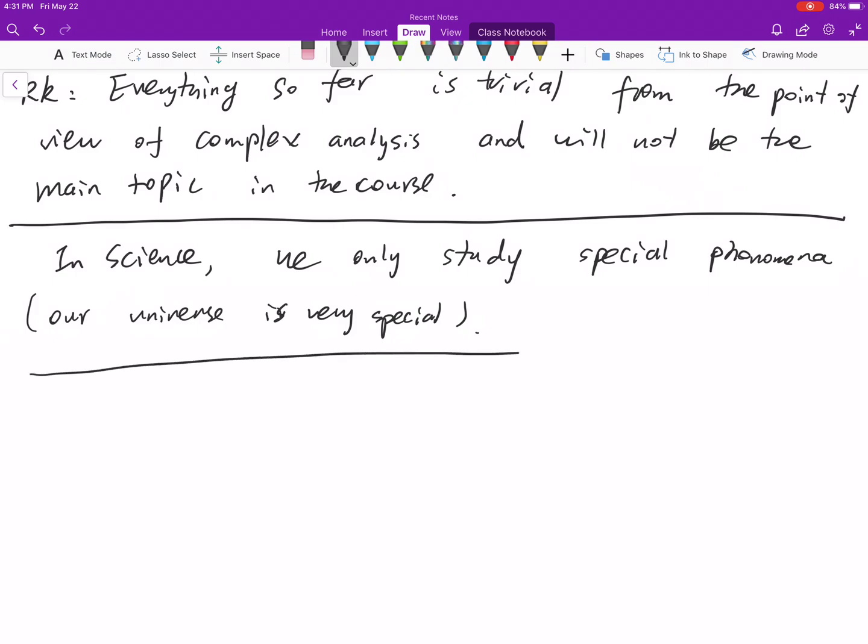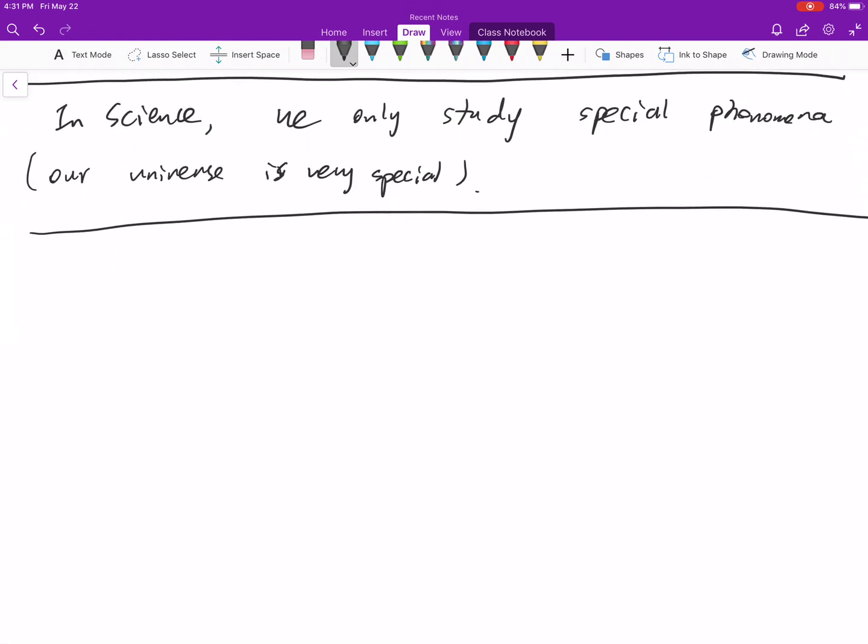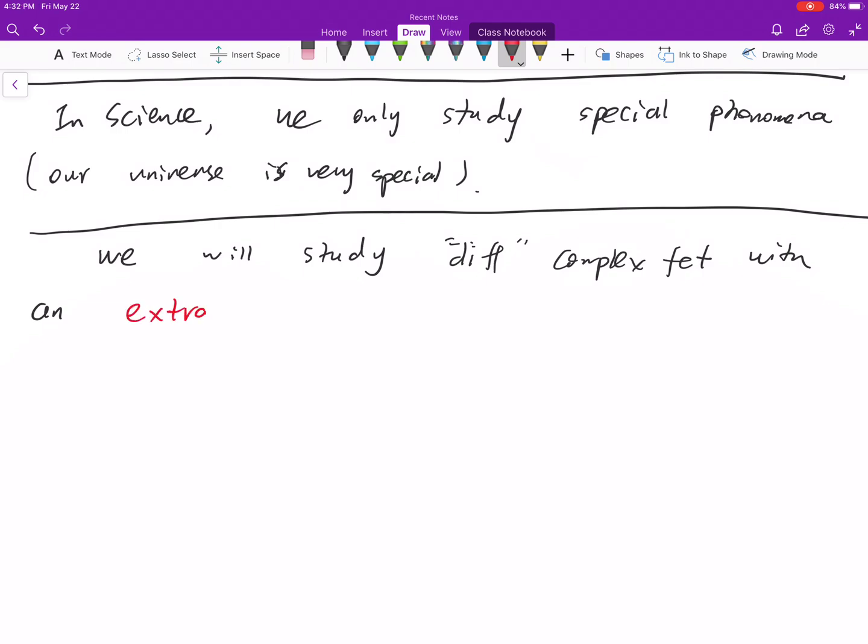Okay, and narrowing down to complex analysis, we will study differentiable complex functions with an extra symmetry.